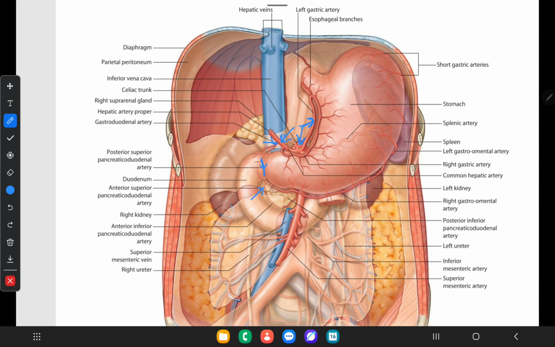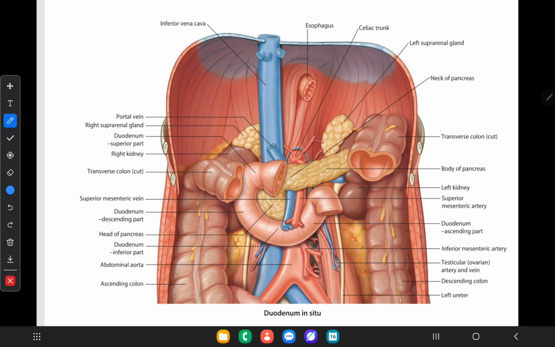Those are the pancreatico-duodenal arterial arcades. So these arterial arcades lie in the groove between the duodenum and the head of the pancreas.